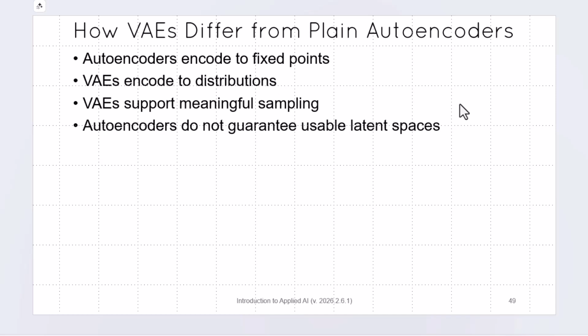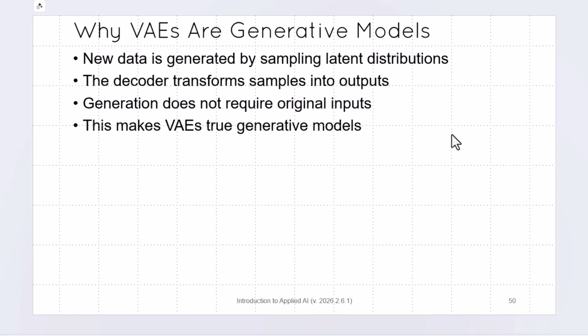So we talked about autoencoders, we talked about VAEs. How do they differ? Autoencoders encode to a fixed point or fixed points. VAEs encode to distributions. VAEs support meaningful sampling, and autoencoders do not guarantee usable latent spaces. So why are VAEs, as opposed to regular autoencoders, actually generative models?